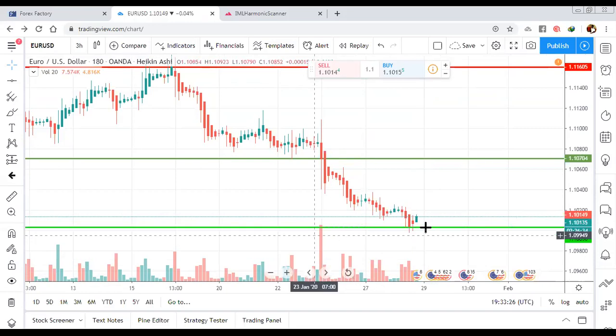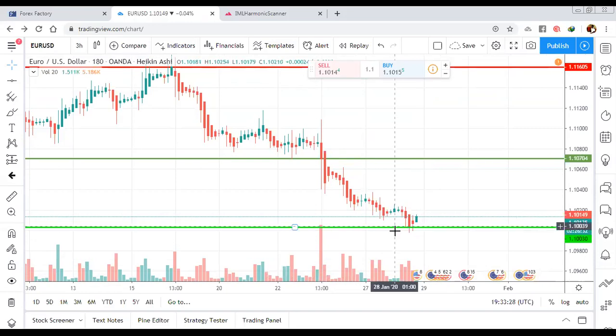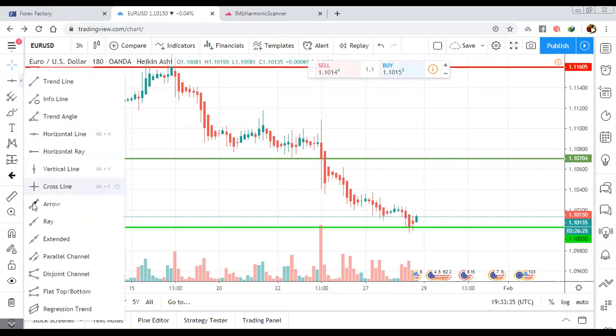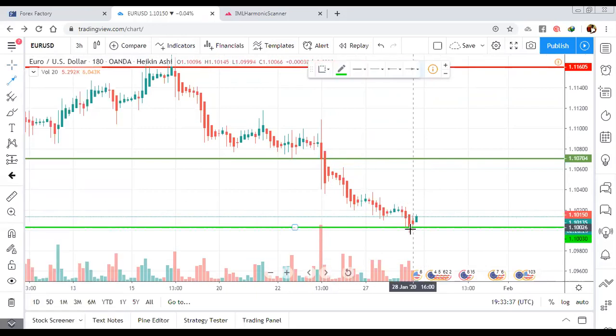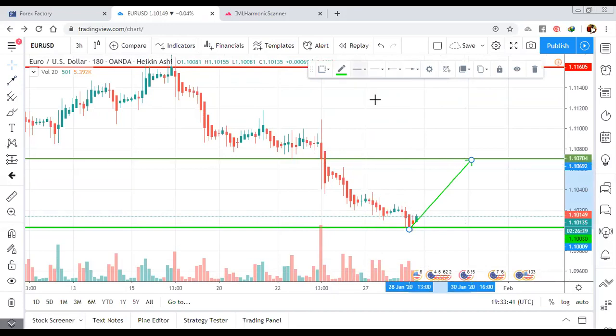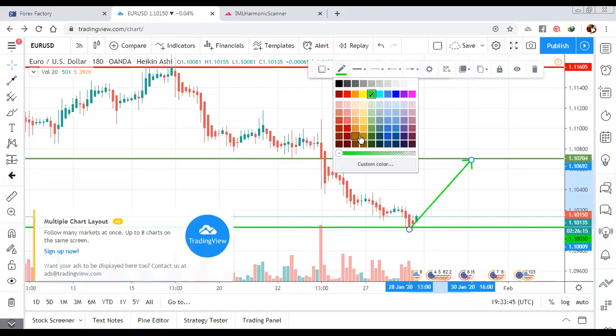From this region, you are expected to do what? Buy. And when you are buying, you are expecting this market to do this kind of movement.